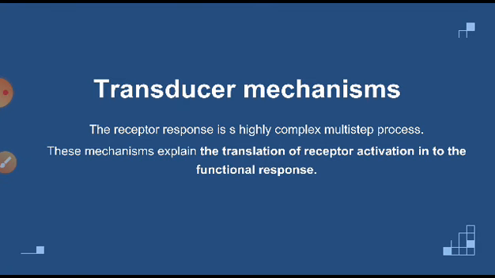Here we'll shorten the process steps and show them in a simple form. These mechanisms explain the translation of receptor activation into the functional response, from the time of receptor activation up to the time of functional response of the drug.